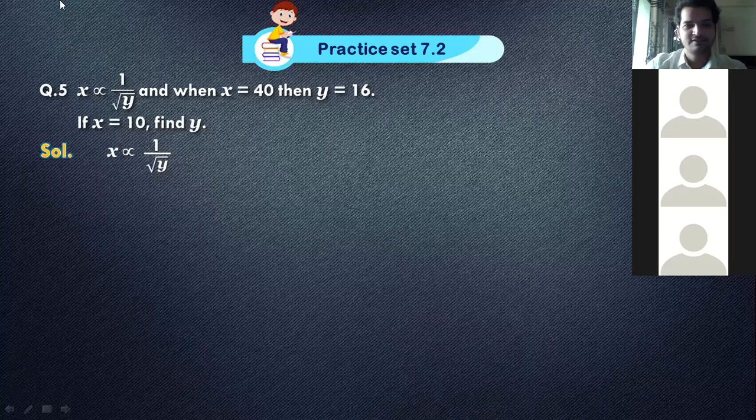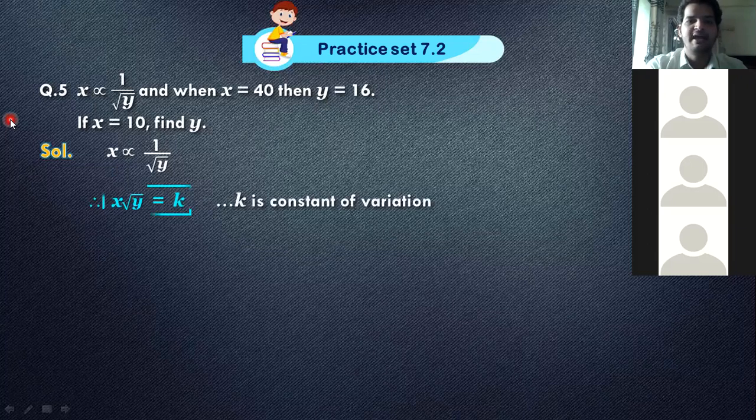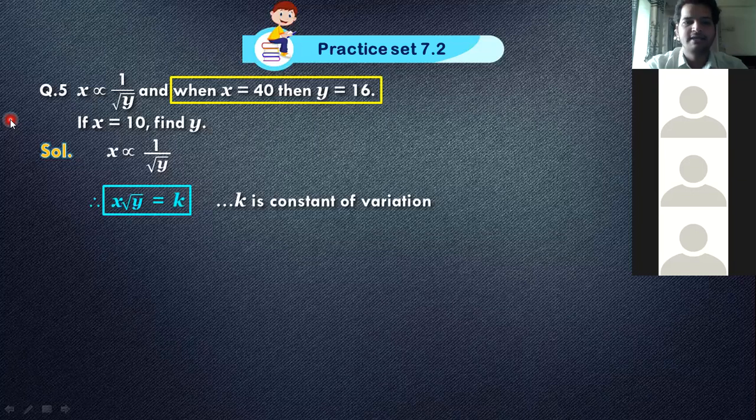As the trick suggests, inverse means into. So we will do x into square root of y. Proportionality will go away, equals to what? K. Now let us find the value of k first, right? So substitute the value of x, that is 40, and y equals 16. Correct? Fantastic.